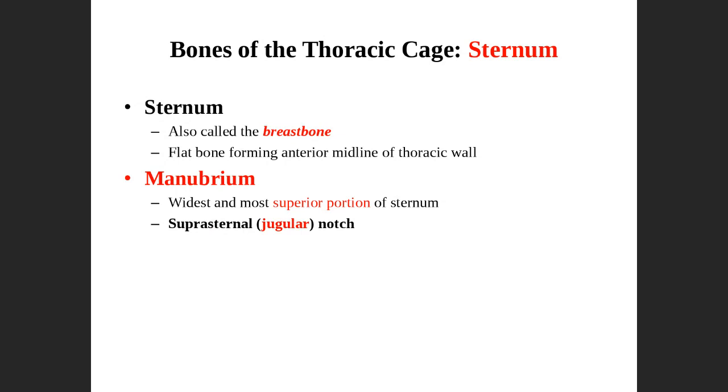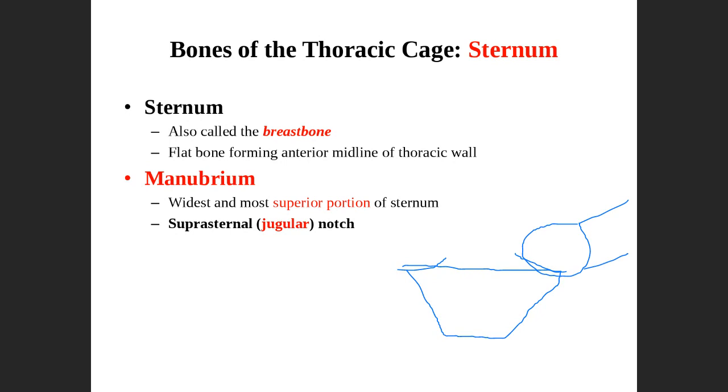Also known as the breastbone, it is made up of three structures. The top, most superior portion of the sternum is known as the manubrium. It has a notch in it. It's almost kind of like a rhomboid-shaped bone, and there's a notch on either side, here and here, and that's where your clavicles attach.